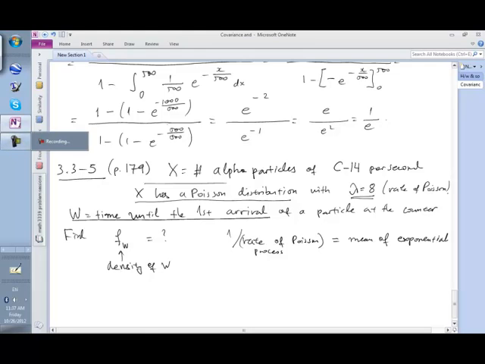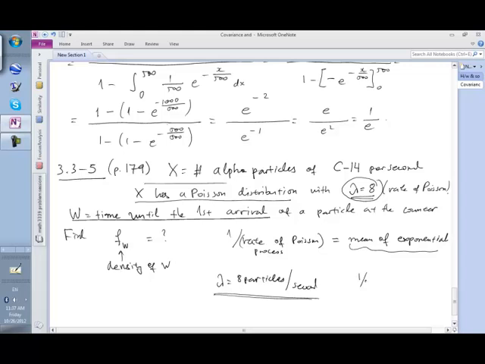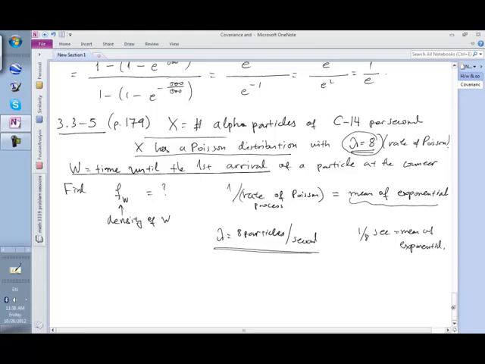Therefore, the rate of this emission is 8 particles per second. So the mean arrival time, which is the mean of the exponential, is going to be 1/8 of a second.